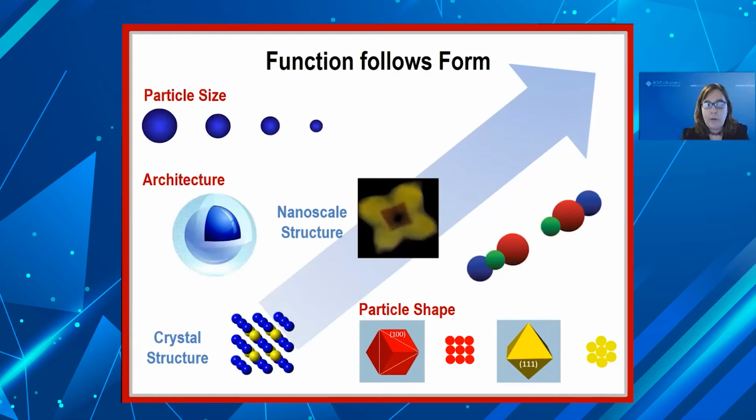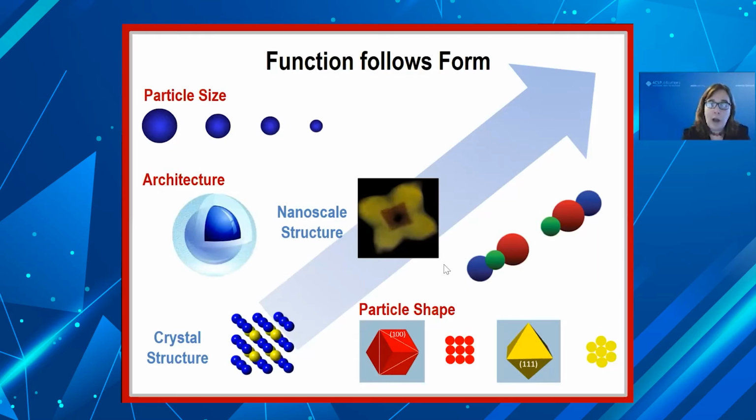We can also consider the overall architecture of our nanomaterials, where I'm referring to the three-dimensional arrangement of different components in space. So it could be something that has a core shell architecture or a multi-component material where the spatial arrangement could influence the overall function that it displays.